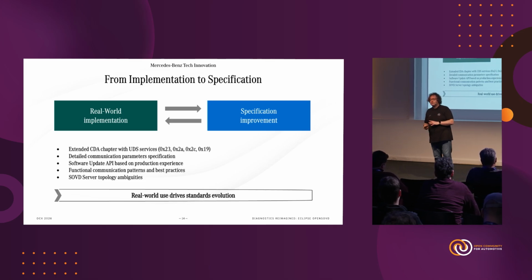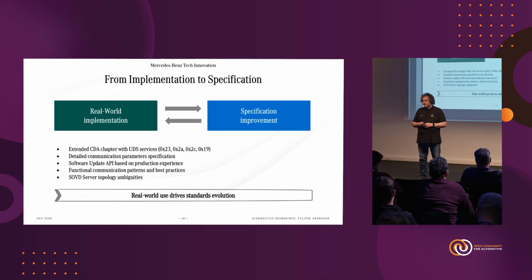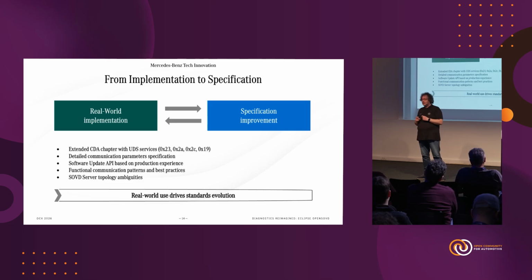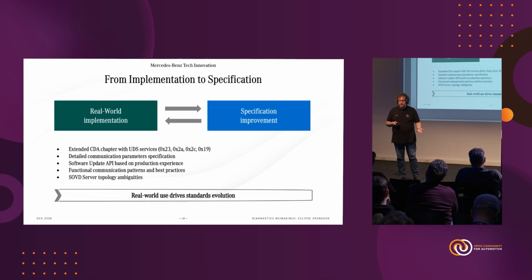We have a first version of SOVD, ISO 17978, and that is going to evolve over time, right? And what we want to do there is put things that we discovered along the way into the standard, of course, running it through the committees and making it ISO standard wording.